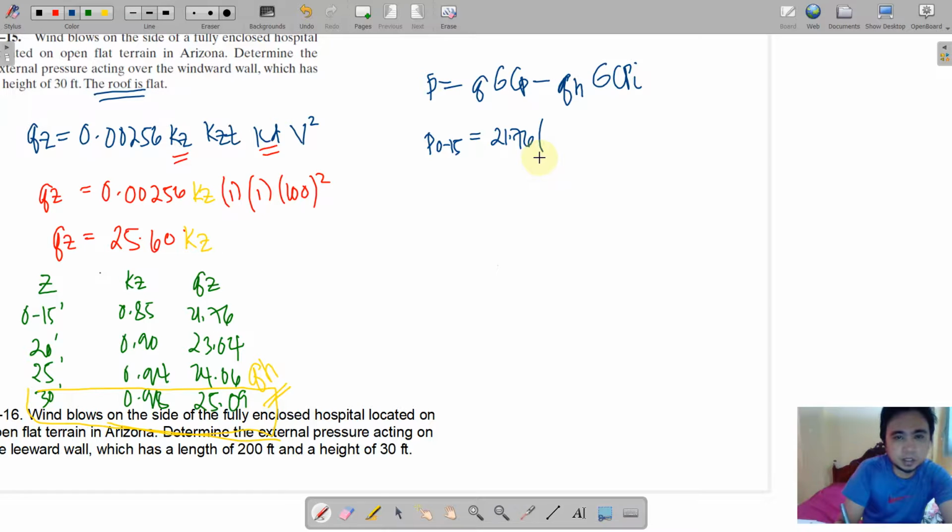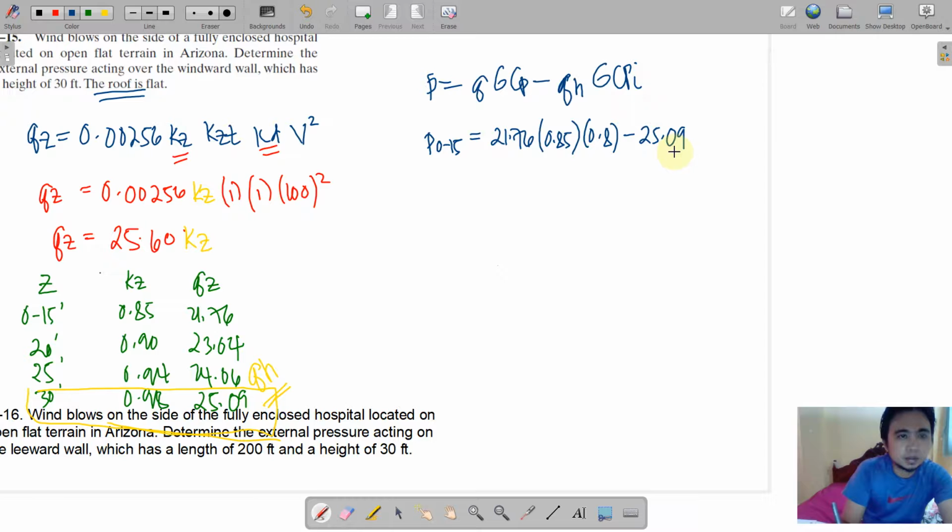So for a rigid structure, that is equal to 0.85. So this is assumed to be a rigid structure. And then for the CP, for all values, we have said that is equivalent to 0.8. Eh yung QH, yan, fix yan, 25.09.